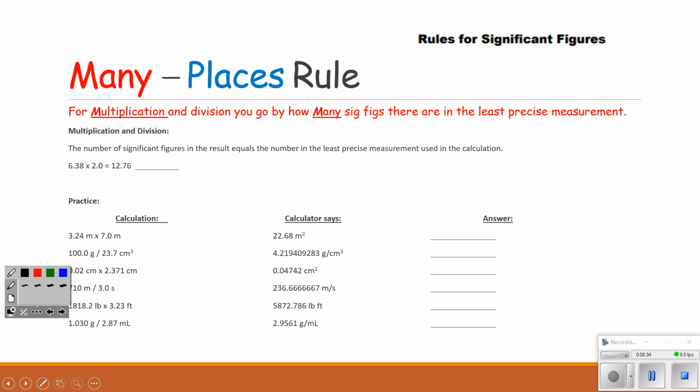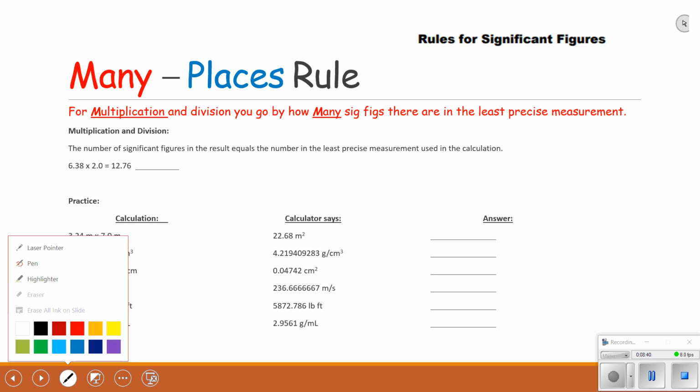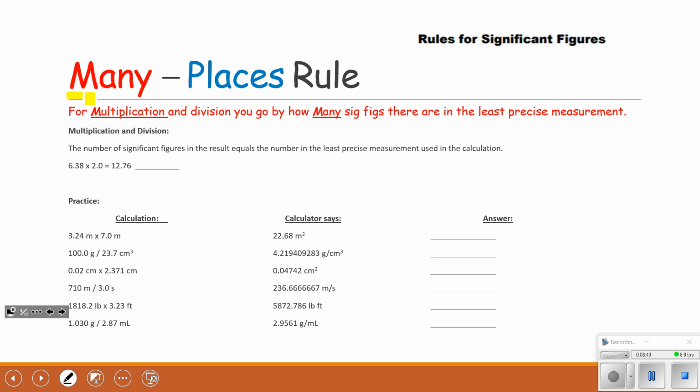So for many, you're going to match your M. So for multiplication and division, you're going to go by how many significant figures there are, and it's always going to be in your least precise measurement. Multiplication and division, how many sig figs in the least precise measurement.